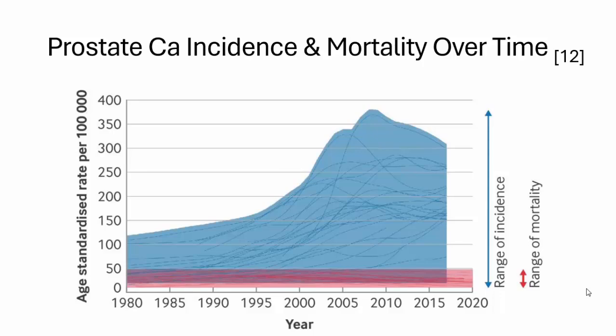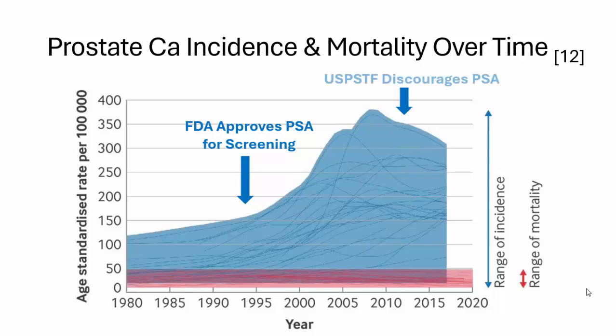This is the most damning piece of evidence, in my opinion. So the blue line here is the incidence of prostate cancer diagnoses. And you can see after the FDA approves PSA for screening, the number of prostate cancer diagnoses skyrockets.